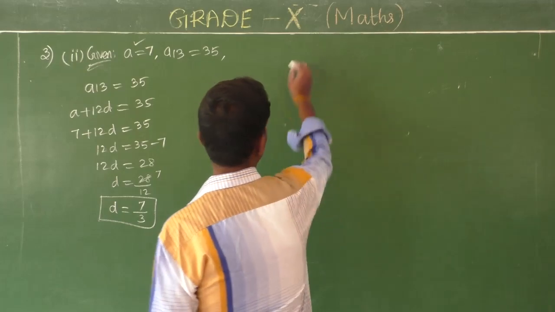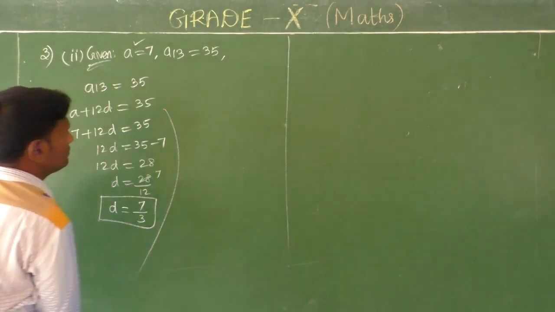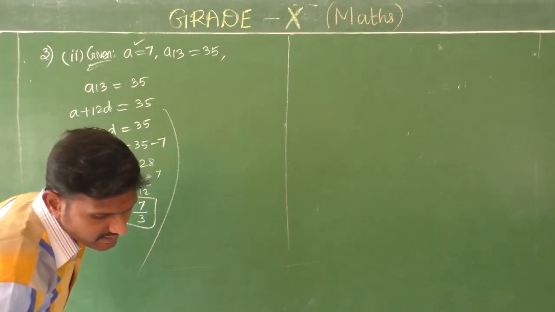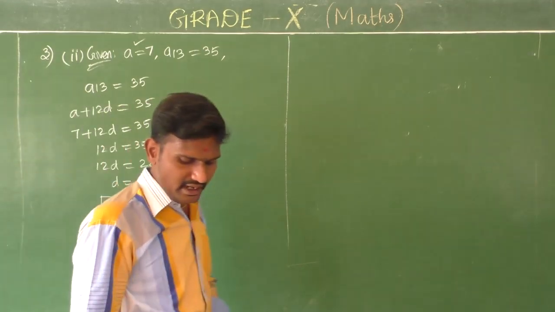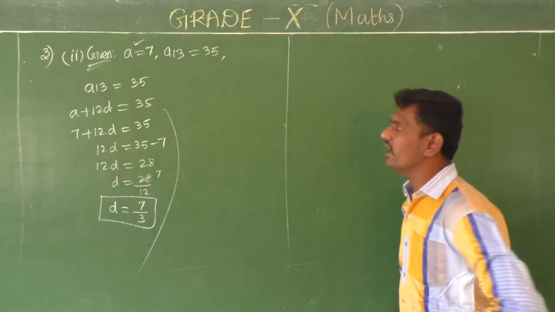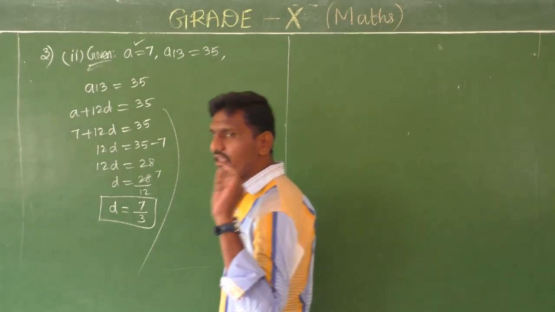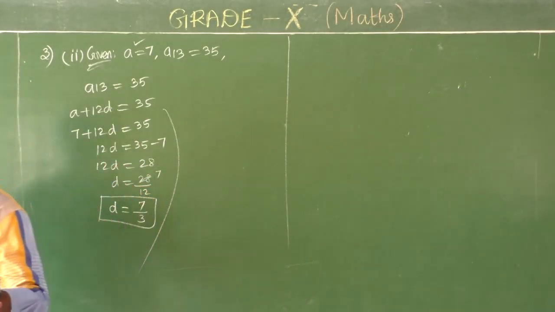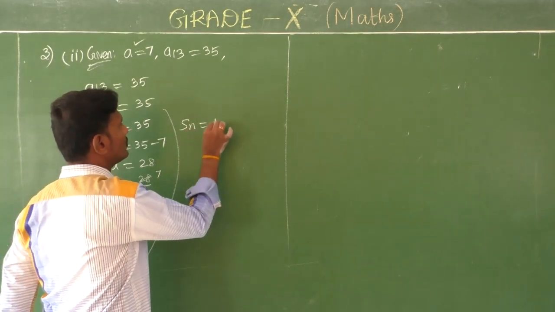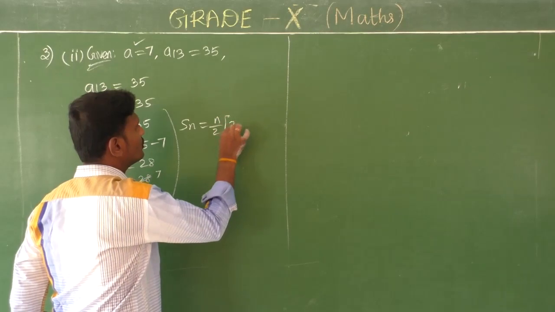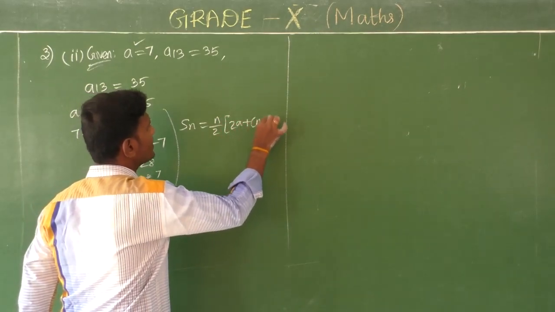And next, what am I going to find? Find the sum of 13 terms, that is S13. You know the values of n, a and d. Now Sn equal to n by 2 into 2a plus n minus 1 into d.